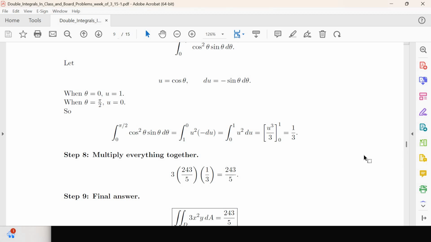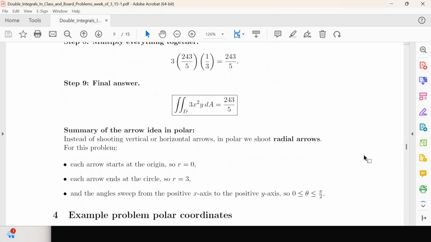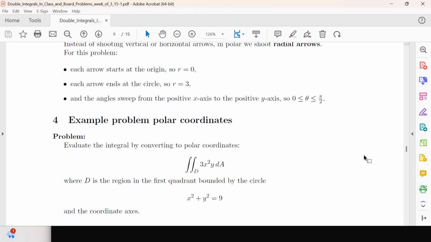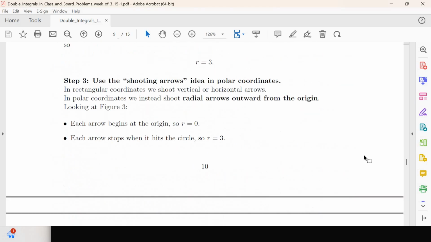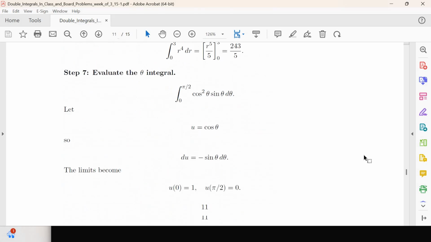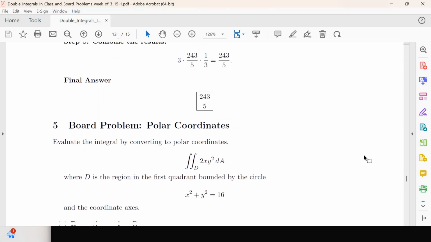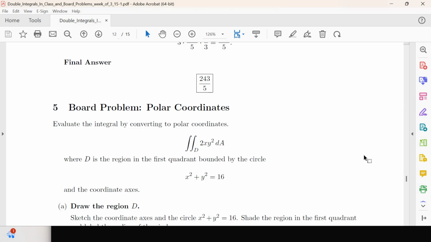Let's try one yourself. Oh, that's polar coordinates. Try a board problem. Try that one. Take boards, give it a shot. You have my notes now to launch off of.